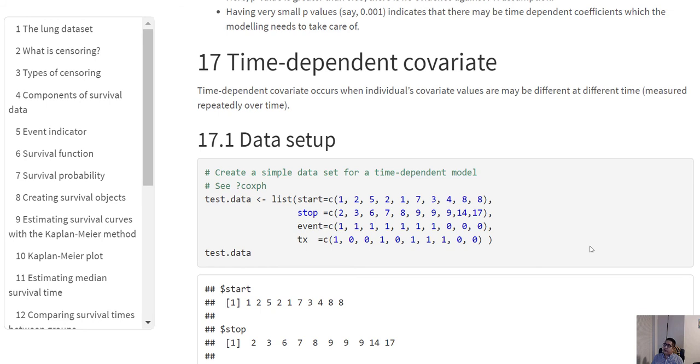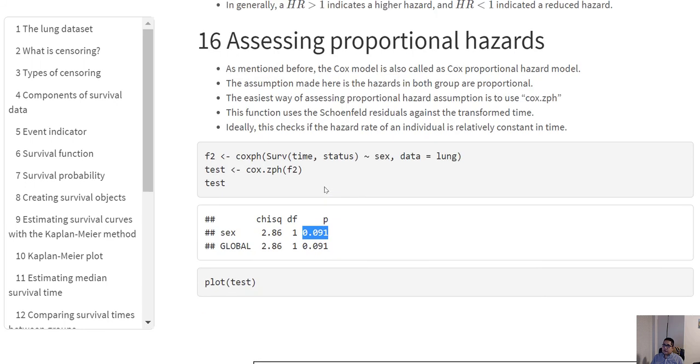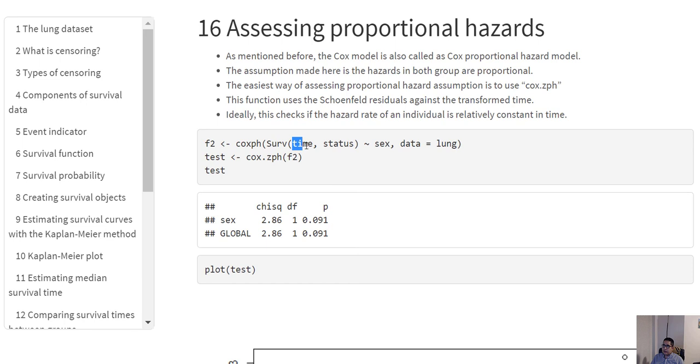To accommodate the time-dependent covariate in the Cox model, we need to change the structure of the dataset a bit. Remember, in the original Cox model our outcome was time and status, but we do not really specify the start time, because the start time is the beginning of the follow-up.